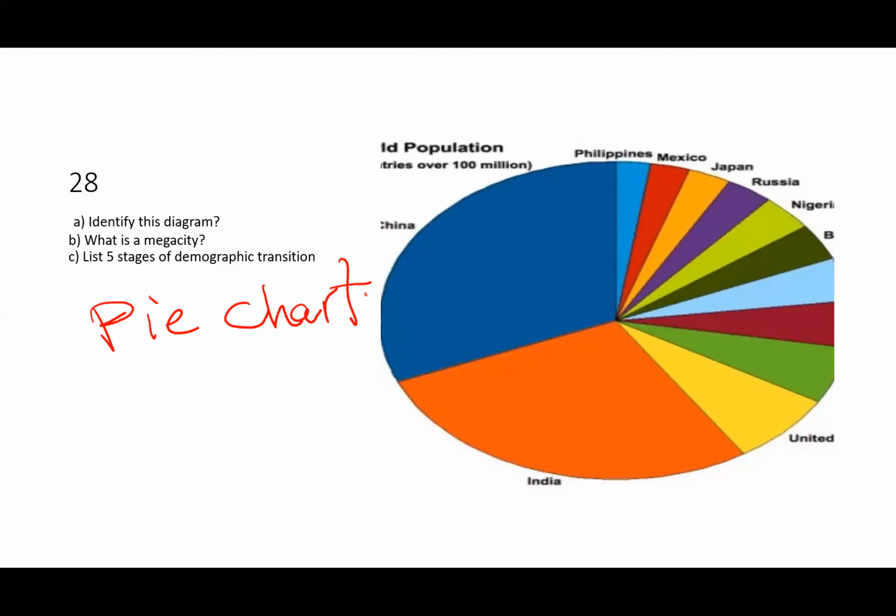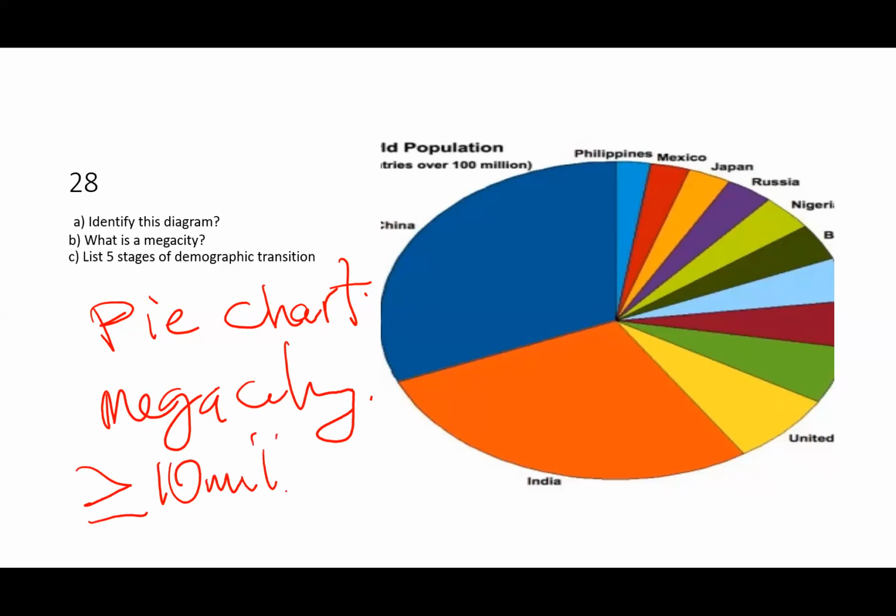Now, what is a megacity? A megacity is any city with a population of 10 million and above. Any city with a population of 10 million and above is described as a megacity. Okay, list 5 stages of demographic transition.